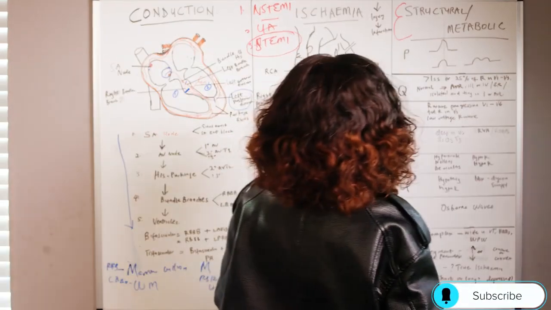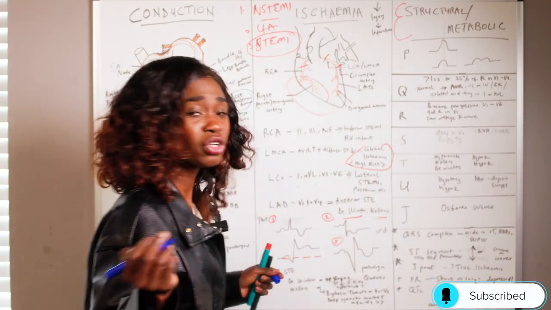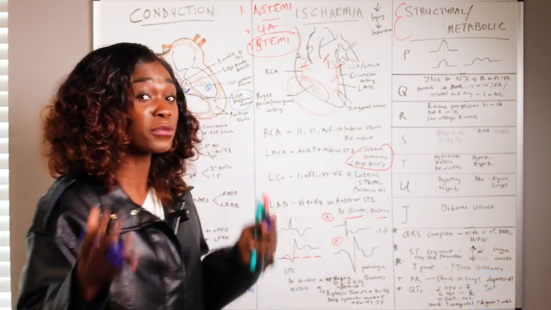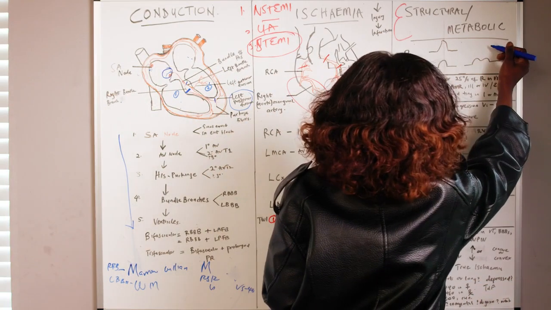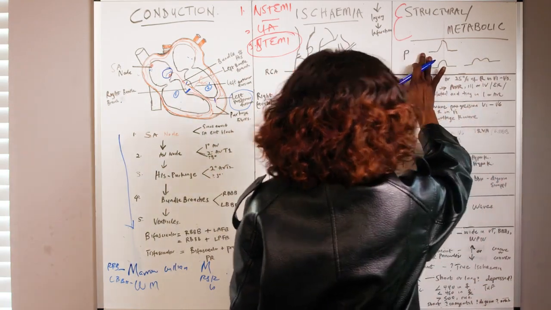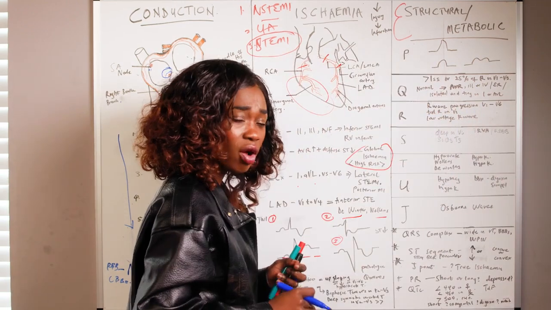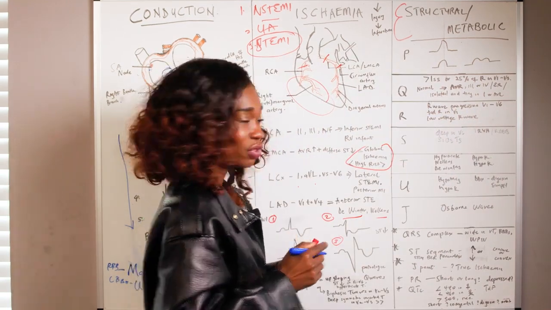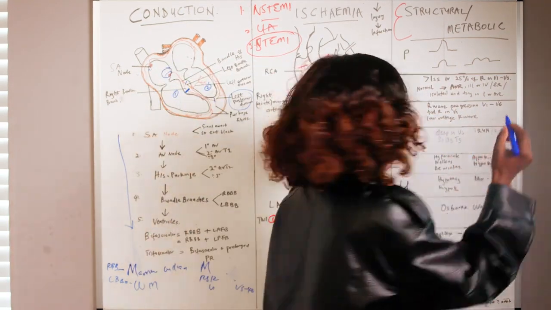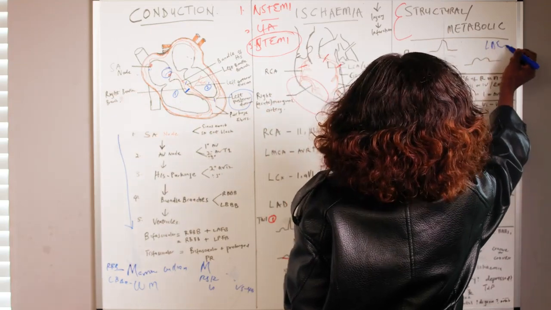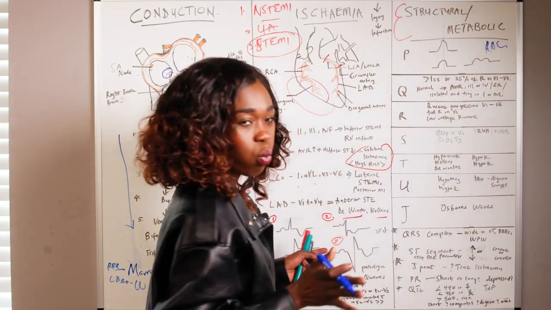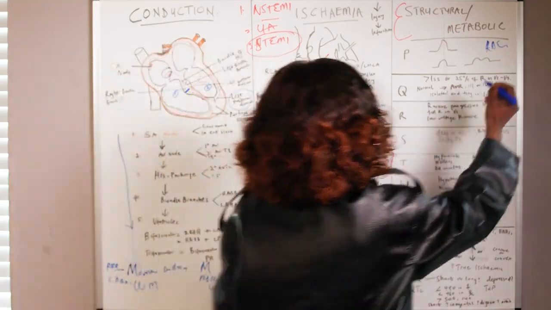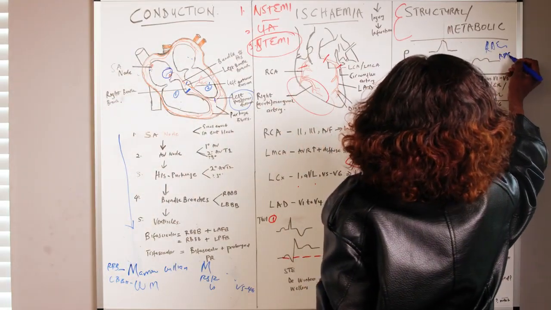So here, the P wave. I'm just going to jump straight into the abnormal portions, because you should know how the normals look by now. If your P wave is tall and notched, you're thinking right atrial enlargement. But when it is wide and notched, you're thinking left atrial enlargement.